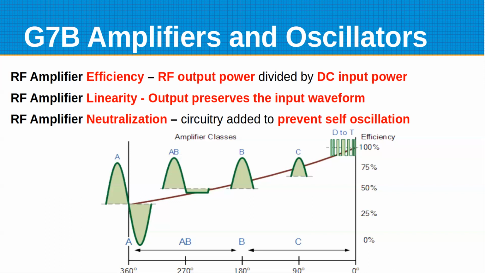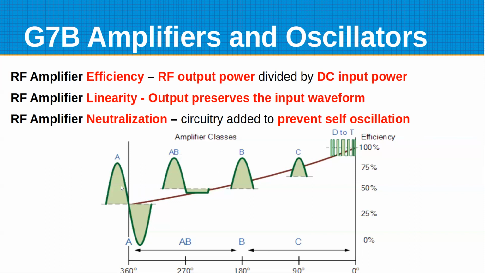So if I've got an amplifier, there's always the possibility of some feedback due to stray capacitance and the magnetic field interacting with the other parts. So you could actually get oscillation at certain levels. So neutralization is adding some circuitry to compensate for any of that feedback that you don't want, so it doesn't turn into an oscillator.